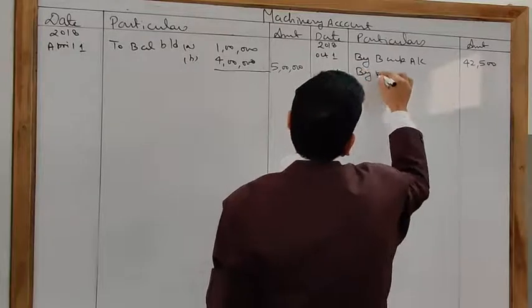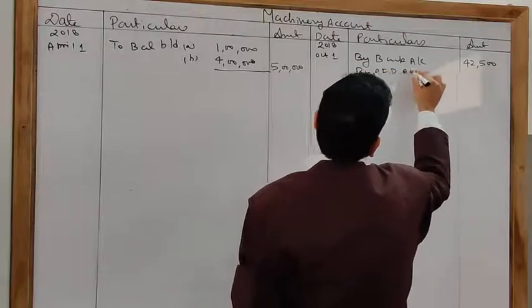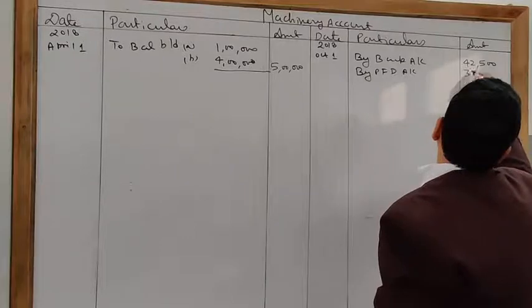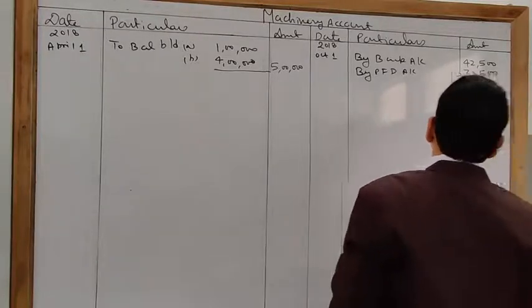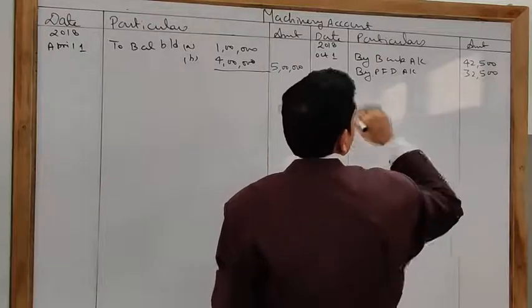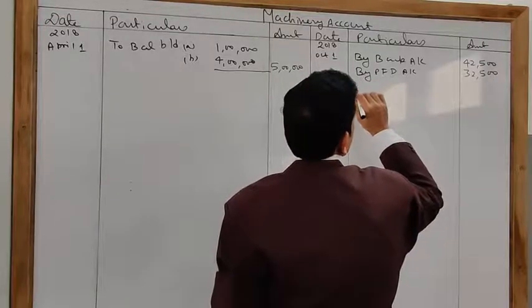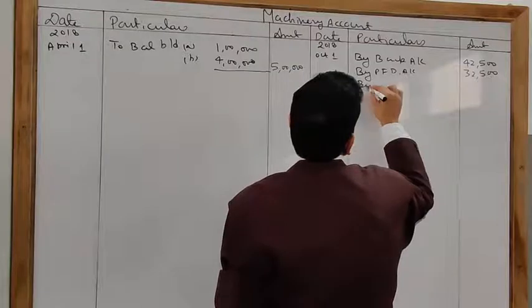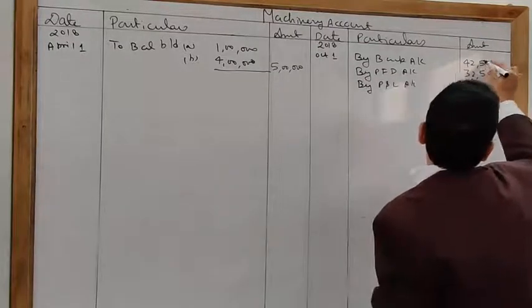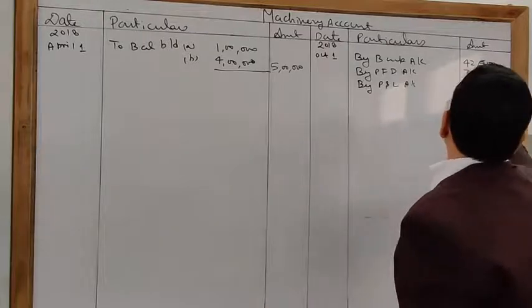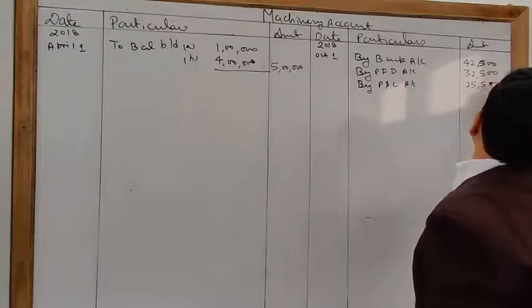By provision for depreciation account 32,500. By profit and loss account, sorry, 42,000. Profit and loss account 25,500.